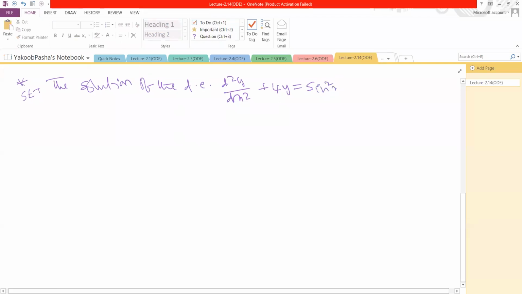This is sin square x, please. Now we have to find the complementary function as well as the particular integral.